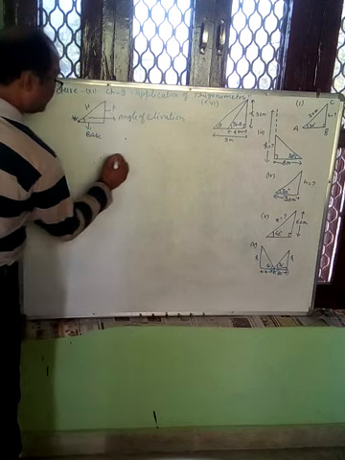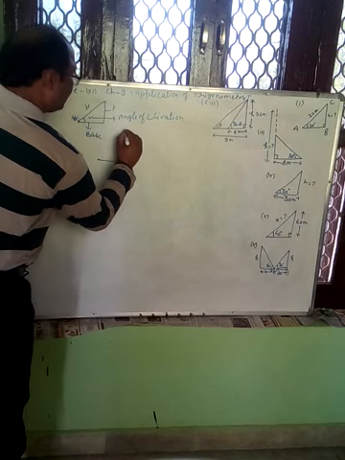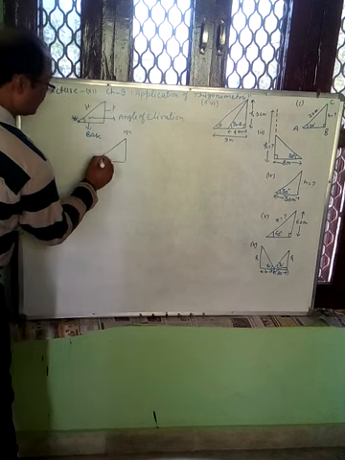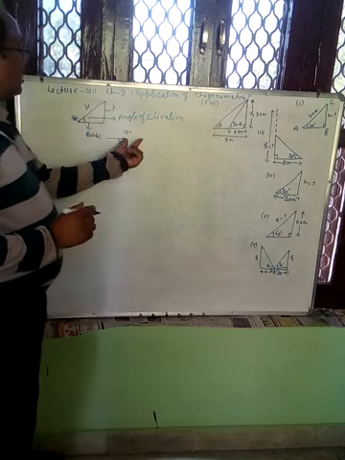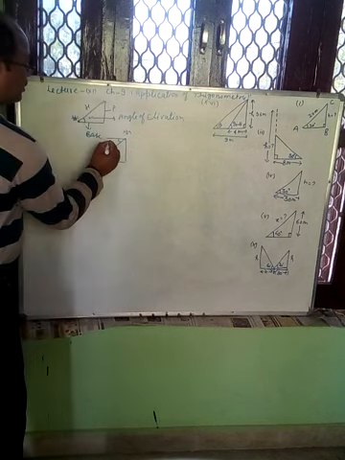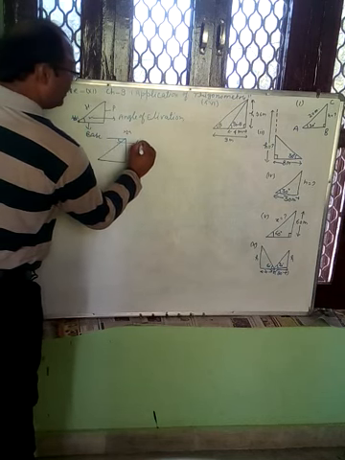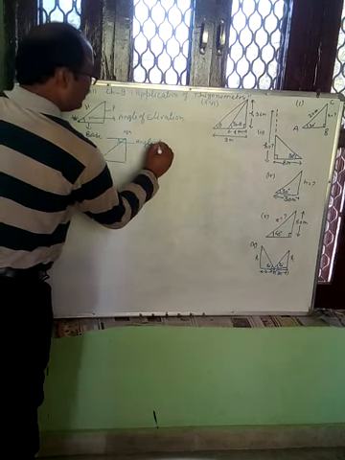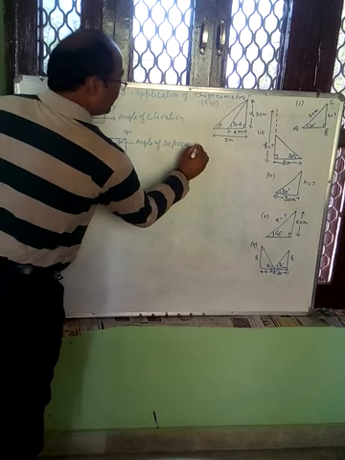If we are observing from here, this is like this angle. Then if we are observing from the top to the bottom side, this angle is called the angle of depression.